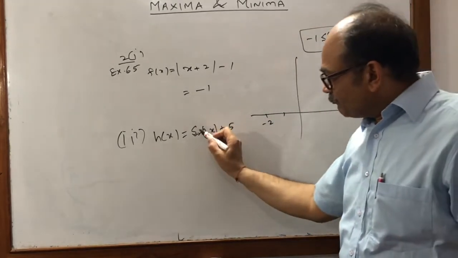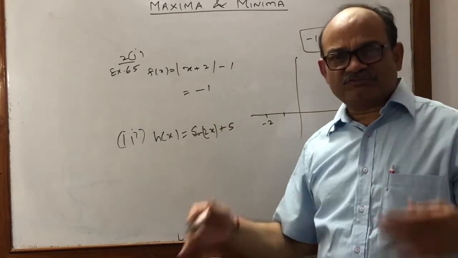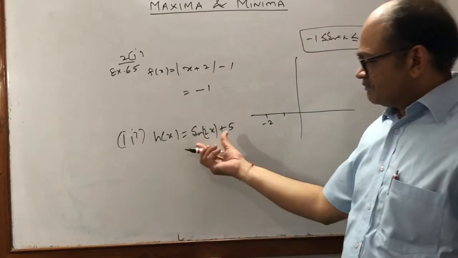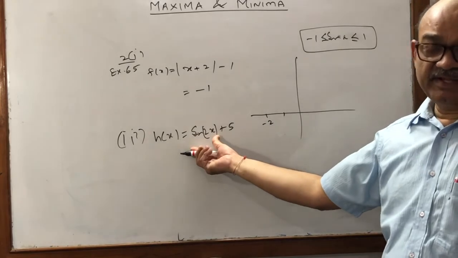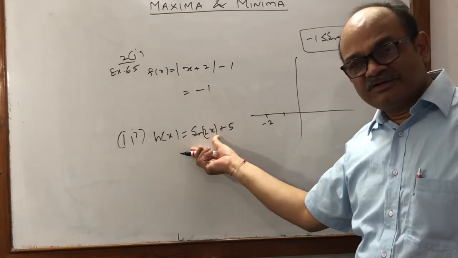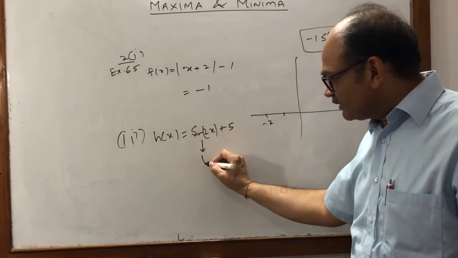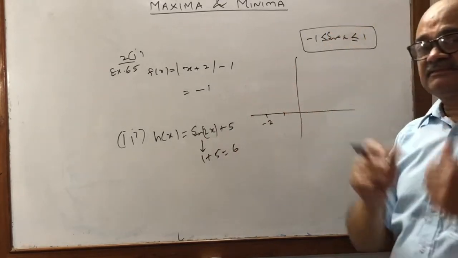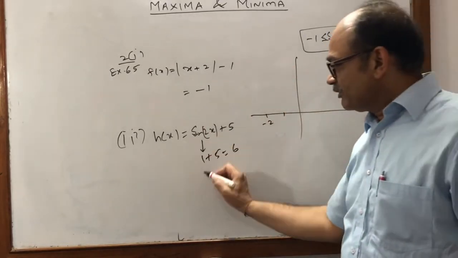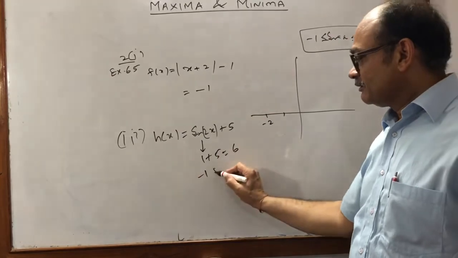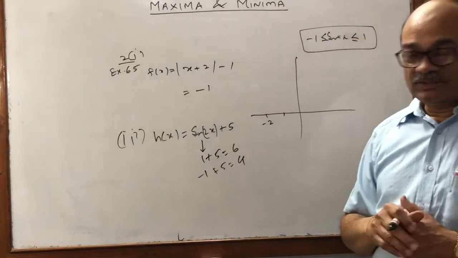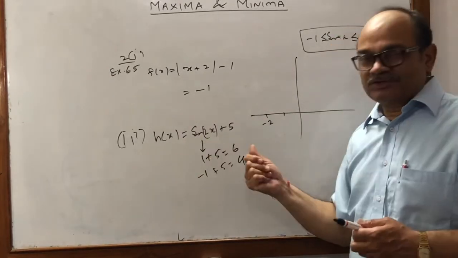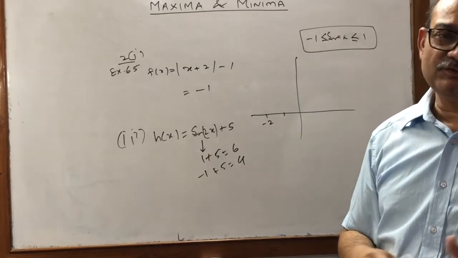So, whatever be the theta, 2x or 3x or 4x, no problem. Its maximum value is 1 and its minimum value is minus 1. So, when the maximum value of this one is 1, the total maximum value will be 6. And when the minimum value is minus 1, add 4. So the minimum value of this function is 4 and the maximum value of this function equals 6.